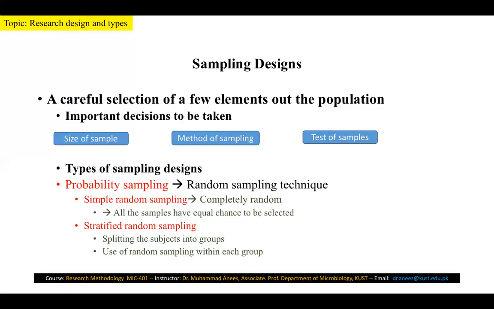The population is split into groups by you. You split the different subjects into different groups, and then within each group you perform random sampling. So this can be defined as stratified random sampling.